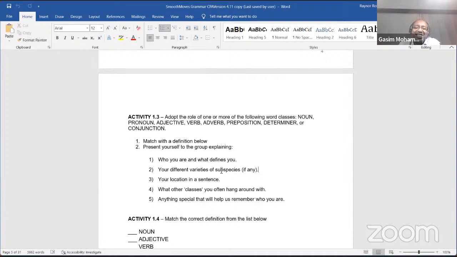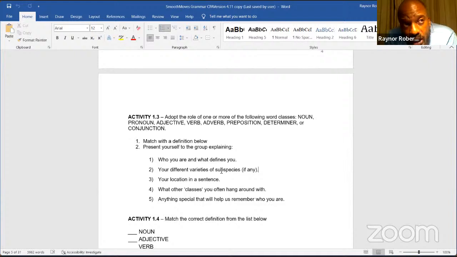I think this one's going more for adverbs. Why? Because adverbs hang around other adverbs, they hang around adjectives, and they hang around verbs. But maybe somebody else has a different idea on this, and maybe it could be pronoun. I'm just trying to figure out how it could be pronoun. It depends how you read it.